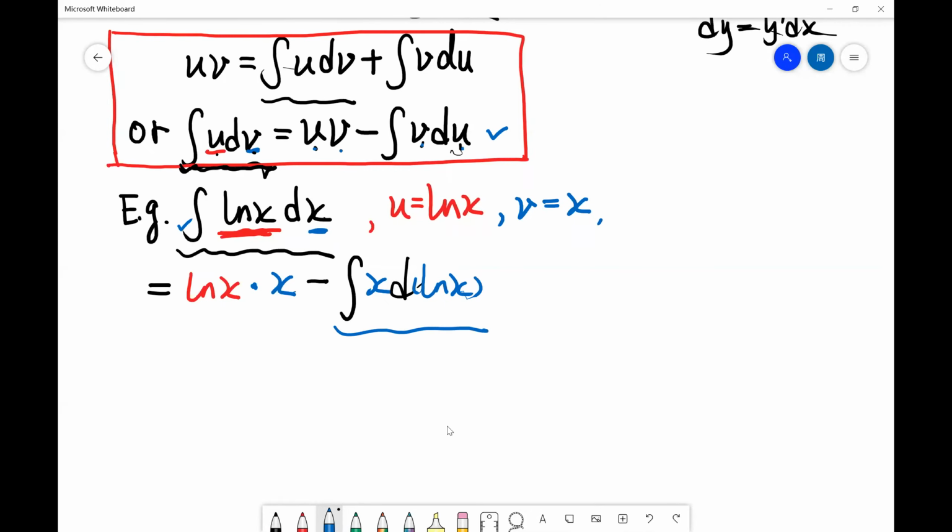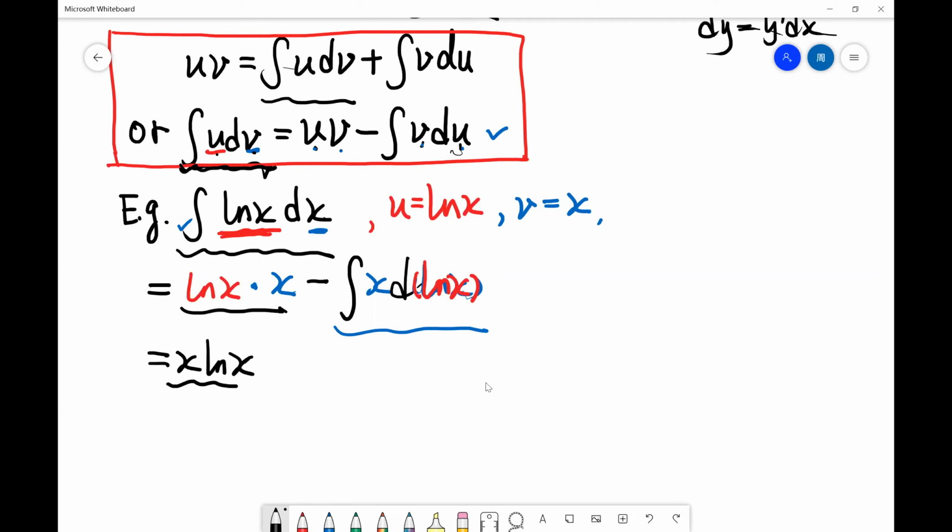So here, maybe I can use the red color to mean U. To make it clear, I write x above ln x, before ln x.